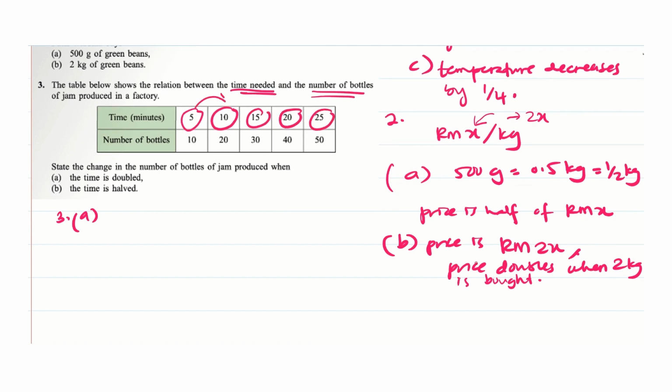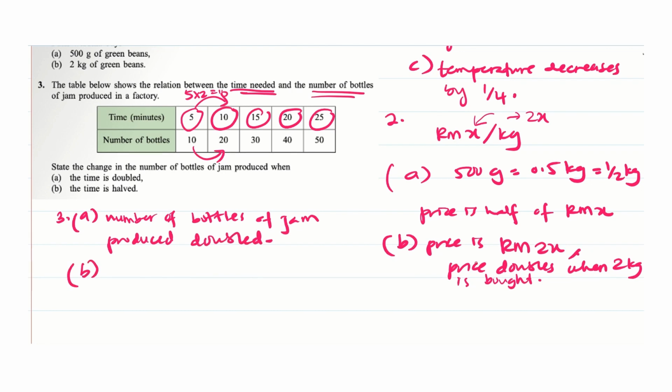So from here to here, the time is doubled: from 5 times 2, you get 10. So when the time is doubled, the number of bottles of jam produced also doubles.